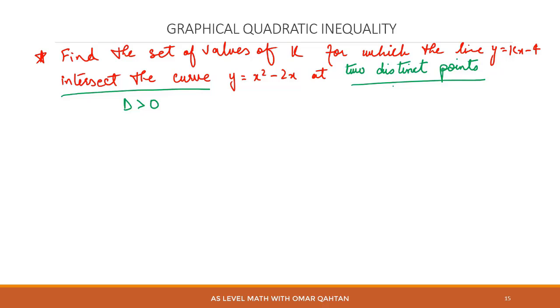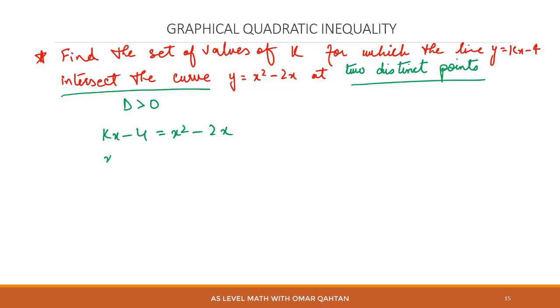That's important. So now what we need to do is substitute the value of y from the line equation into the curve. So this will become kx minus 4 equals x square minus 2x.